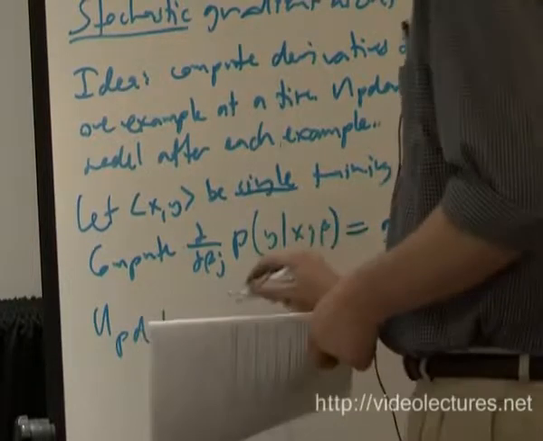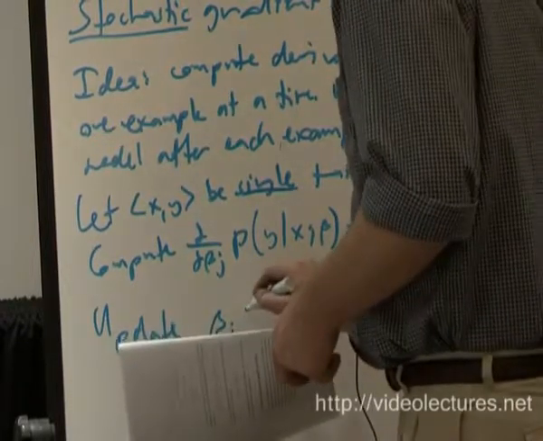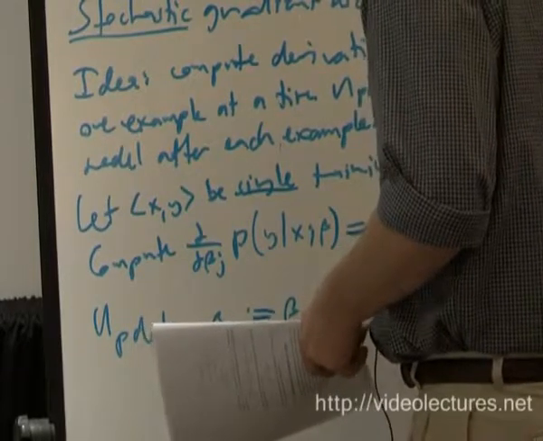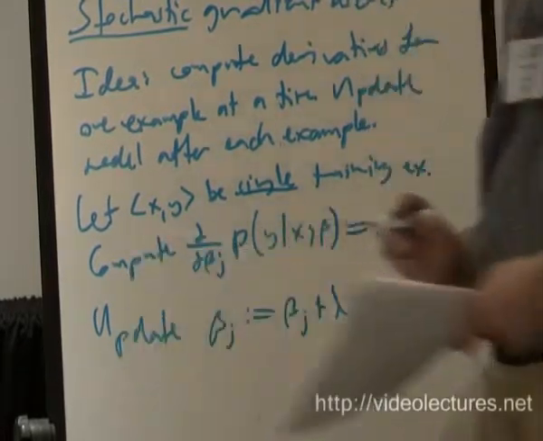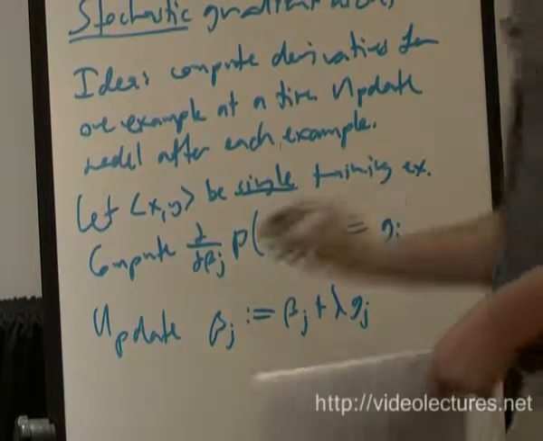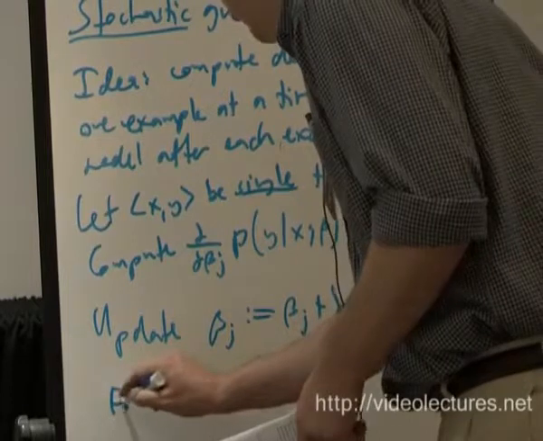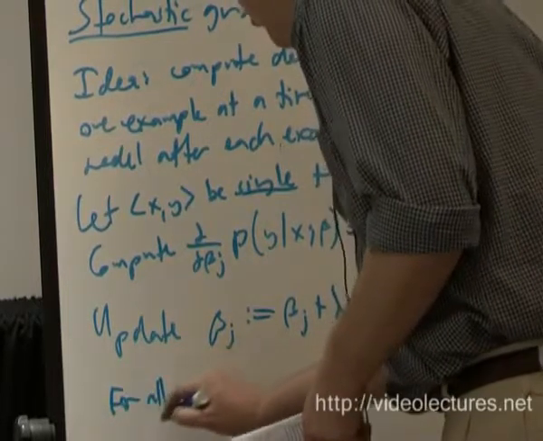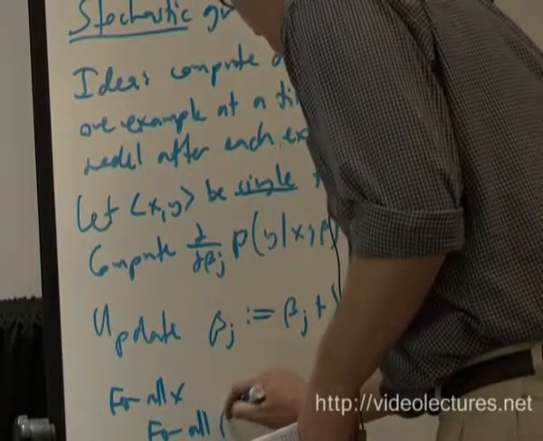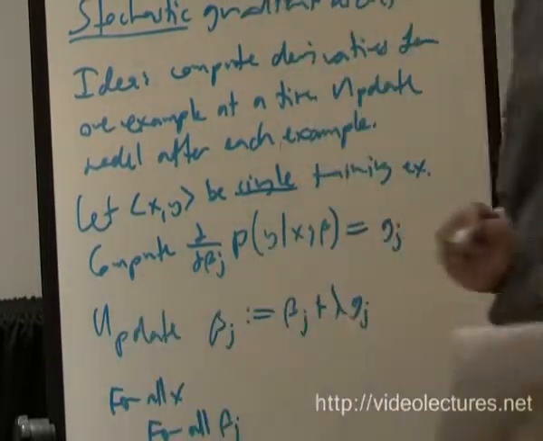Then do an update: beta j gets beta j plus lambda times GJ. We do this in a loop structure, so for all x, and then inside for all beta j.